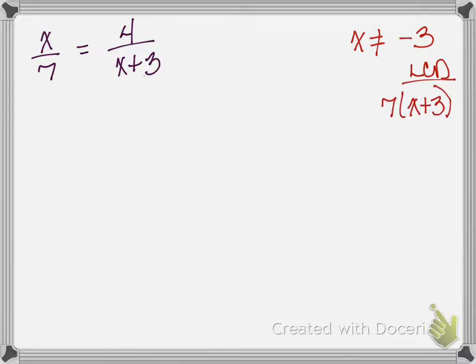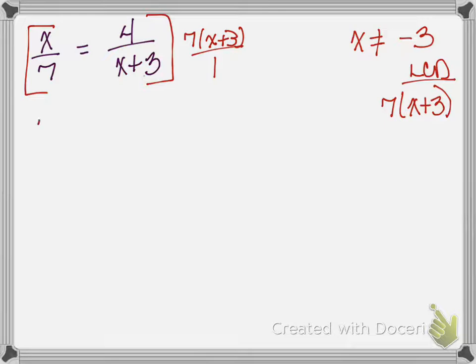Okay, so I've got to account for this by writing down the 7. Then I've got to account for X plus 3. So now I am going to multiply everything times these 2. And I'm not distributing that 7 yet, because in some of this it's going to cancel out. By design, we want it to cancel out.